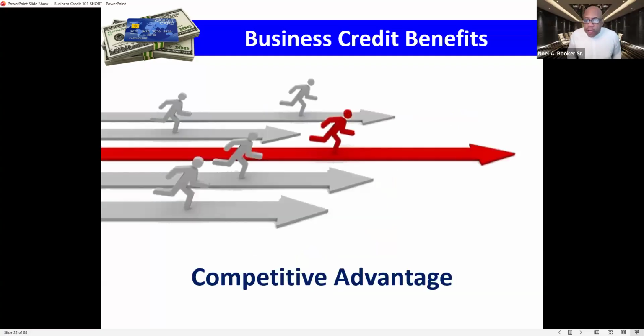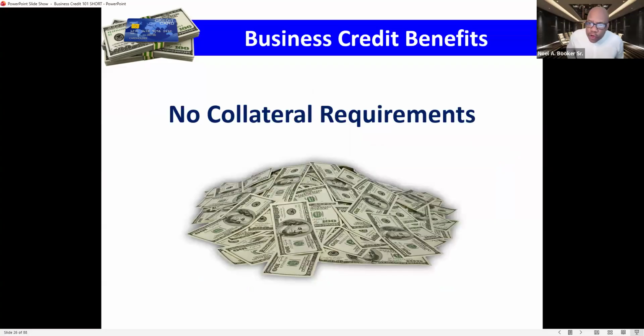With business credit, you have a competitive advantage compared to other businesses that don't even have business credit. No collateral is required to build business credit.